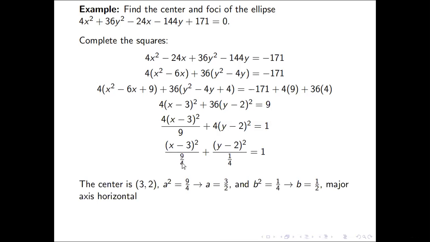So it's 9/4. So this would be a squared. So a is 3/2. The smaller value would be for b squared. So b squared equals 1/4. B equals 1/2. And we would be able to tell the orientation of the major axis. It's horizontal because the greater value is under the x variable.